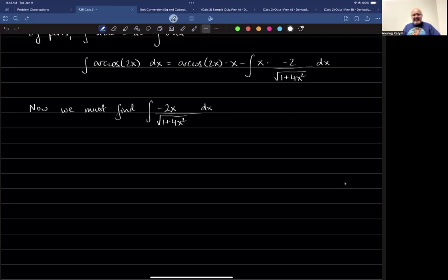Now you might say this looks like an inverse trig function. Every single inverse trig function's derivative has a 1 in the numerator. So if I just had a -2, I could yank the -2 out of the antiderivative and not have to worry about it. But I have that x there. I can't just get rid of it.